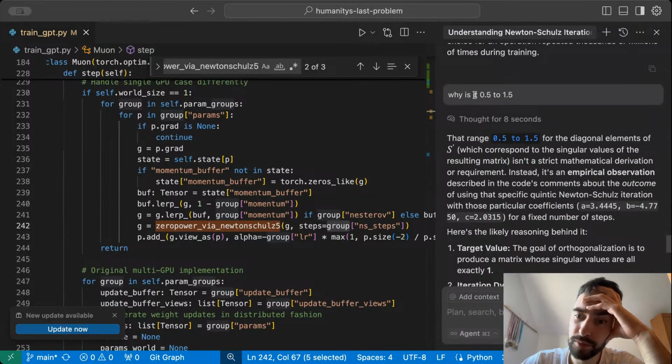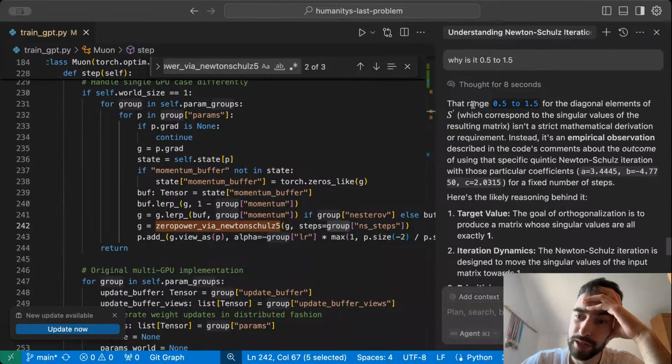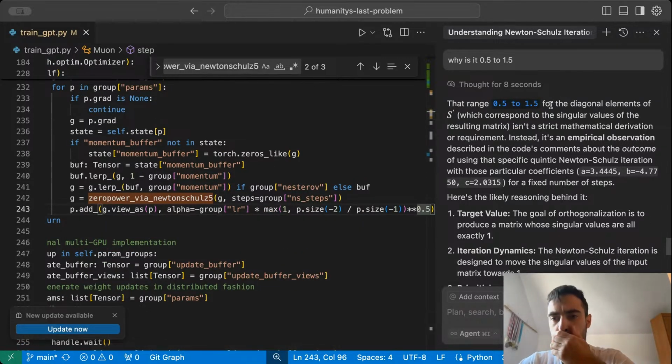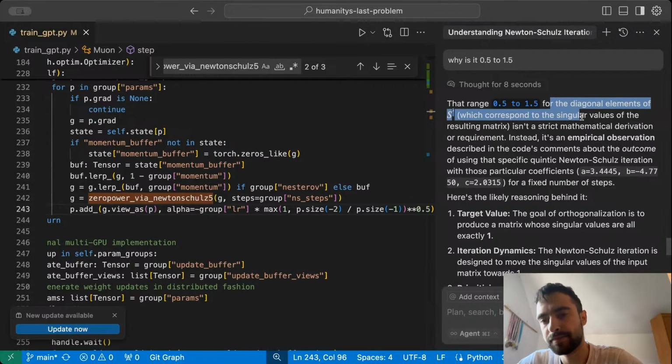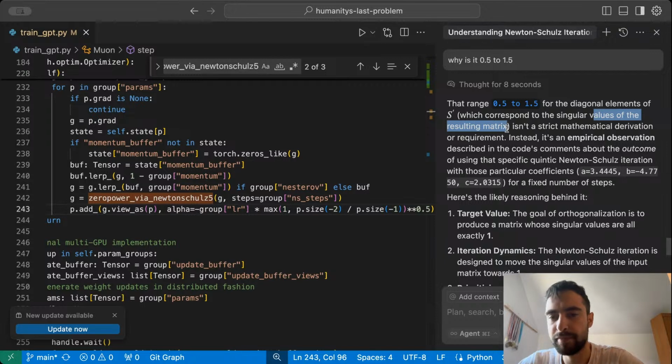Why is it between 0.5 and 1.5? So the range 0.5 to 1.5 for the diagonal elements of S prime, which corresponds to the singular values of the resulting matrix, isn't a strict mathematical derivation or requirement.